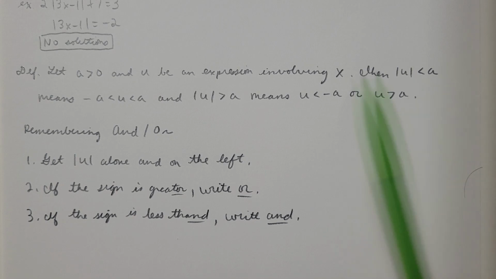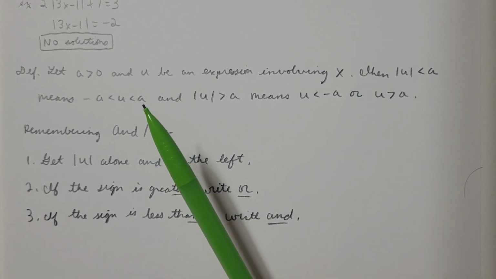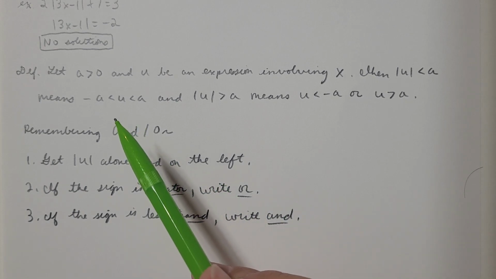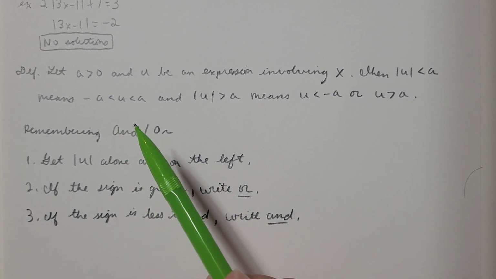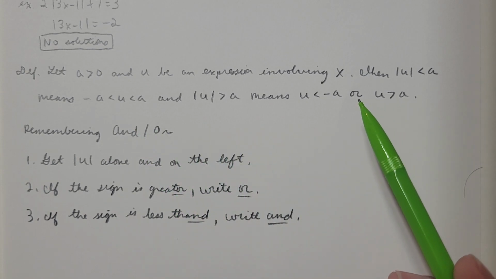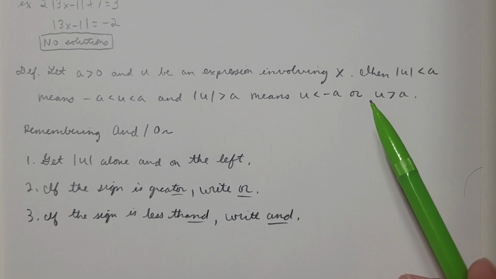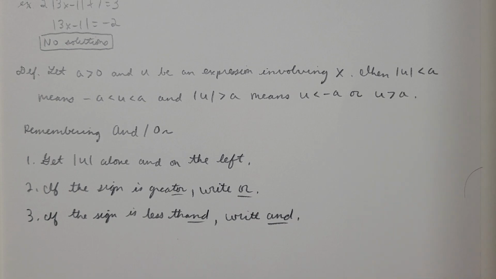Now, if I want to break apart this compound inequality, I can, and I would write the word and. So U is greater than negative A, and U is less than A. Now over here, I'm using the word or. There's a difference between the word and and or, and we have to recognize that.